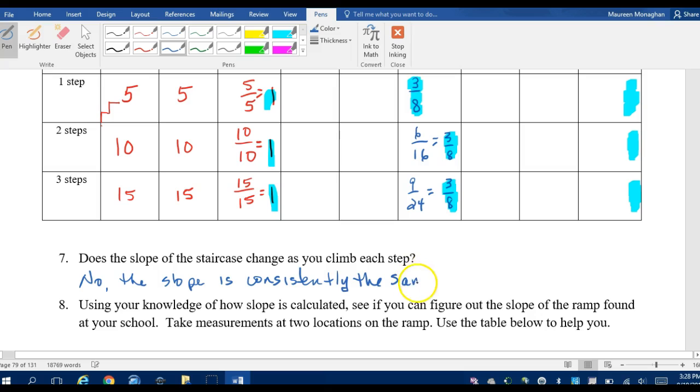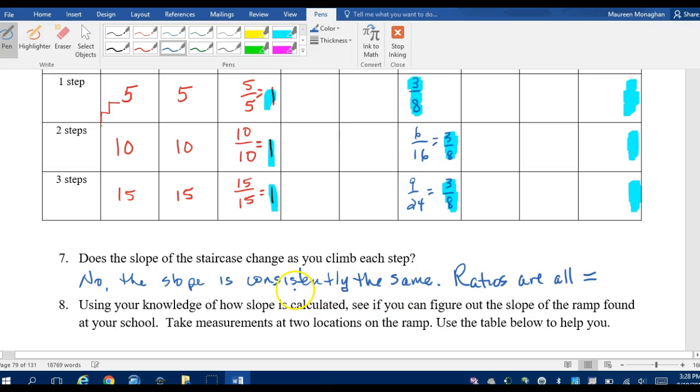No matter what step you go from, the ratios are all the same. Ratios are all equal. 3/8, 3/8, 3/8 for staircase 2, 1, 1, and 1 for staircase 1, and then you're going to figure out number 3.